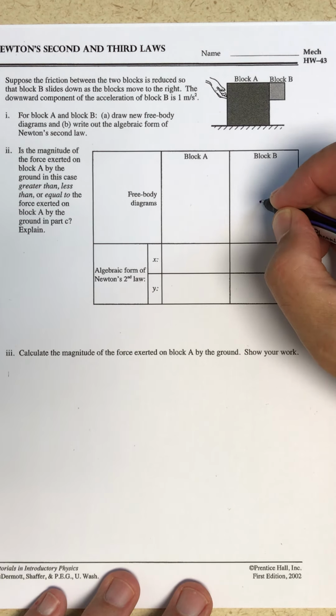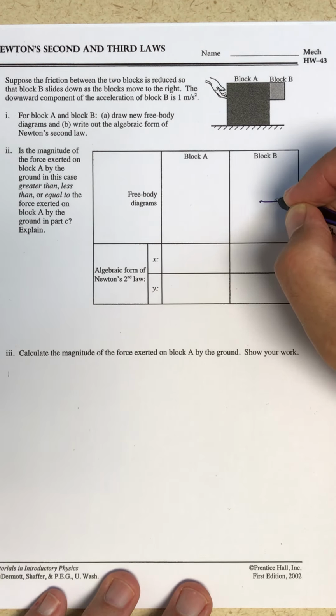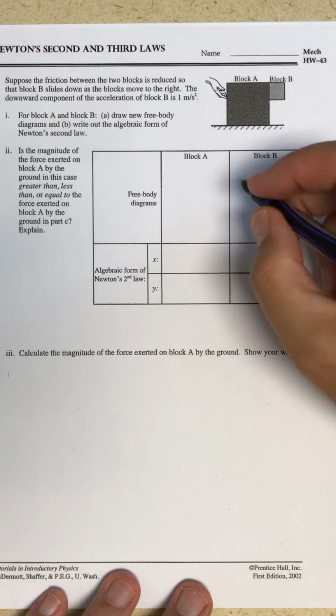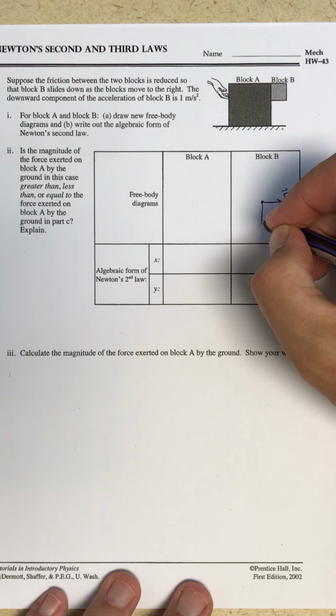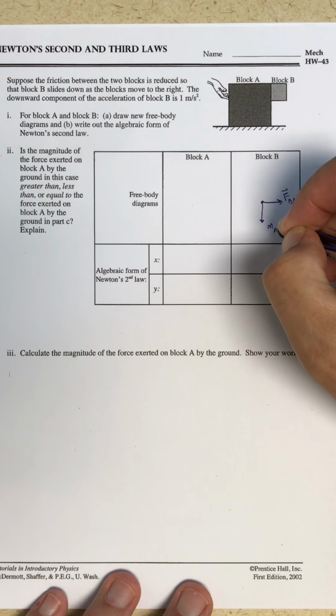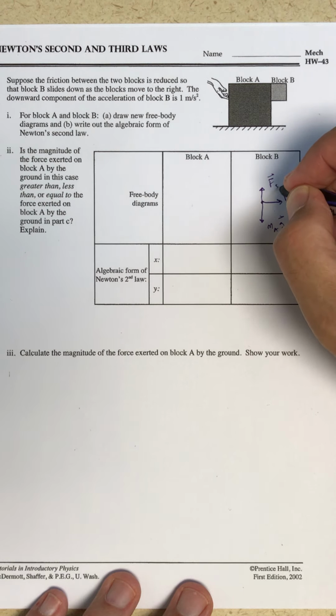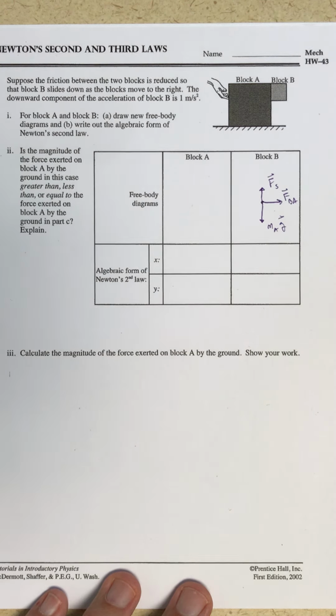There's the force on B due to block A. I have the weight of block A. And the force of static friction is not big enough to cancel that out. Okay.